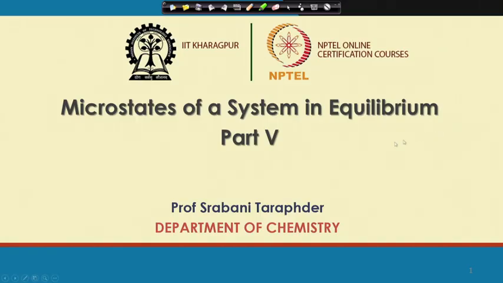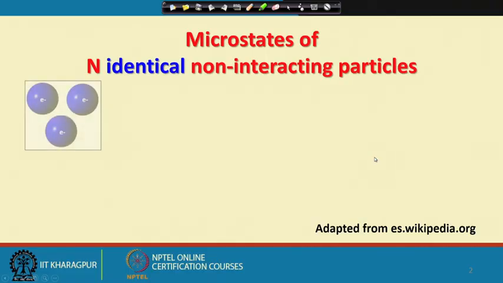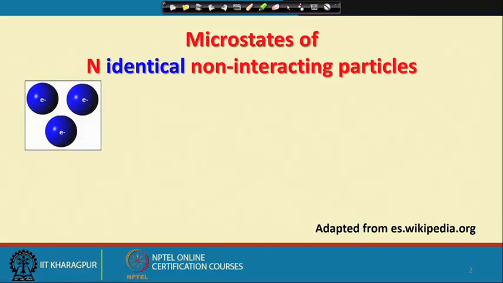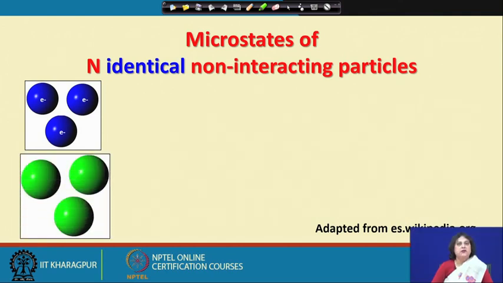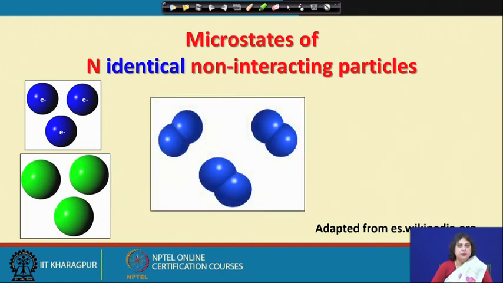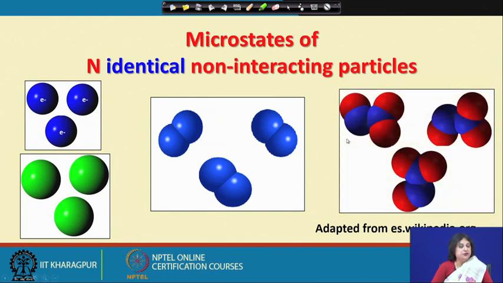The first thing that I would like to mention here is that we are looking at the microstates of n identical non-interacting particles, whereas these particles can be a cluster of electrons or a cluster of atoms, or it may be some gas molecule comprised of, say, a diatomic molecule, and it may so happen that we are looking at a liquid or a solid which is comprised of much more complicated multi-atomic molecules.